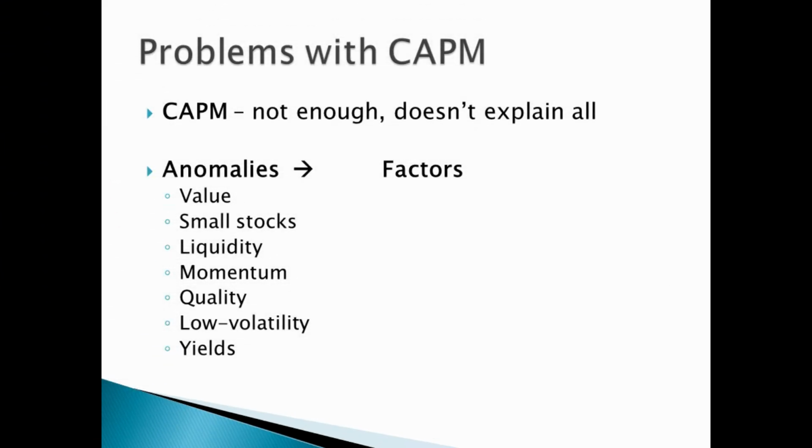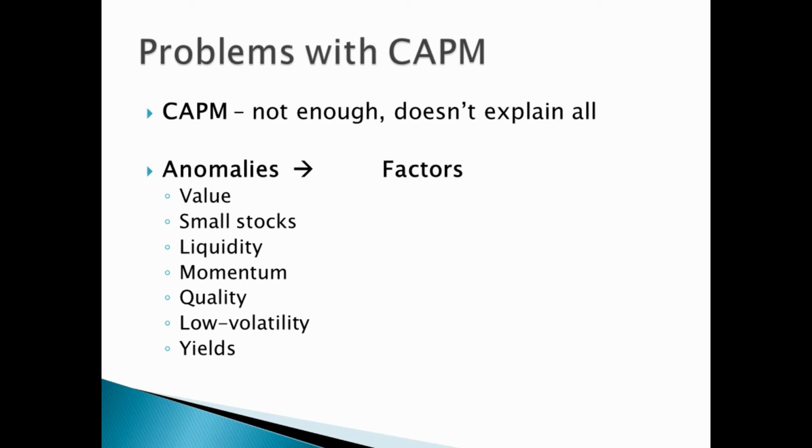So we looked at one problem with indexing in the sense of the construction of the index and market cap weighting. The second challenge with indexing is that there are also problems related to the capital asset pricing model itself. It's an excellent model developed back in the 1950s that simply equates risk and reward, which is logical, that higher reward investments probably contain higher risk, but it doesn't go far enough.